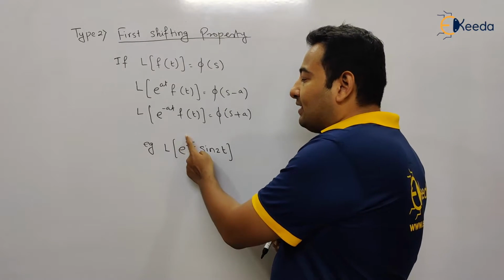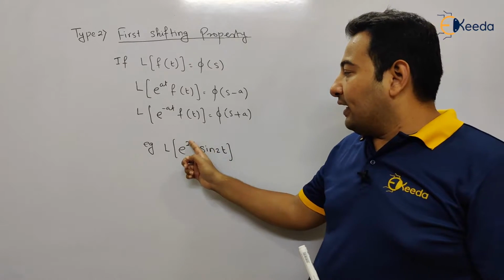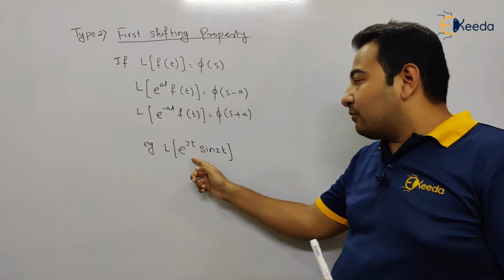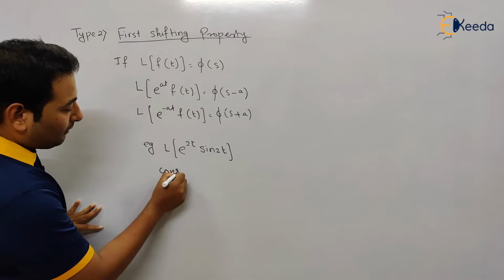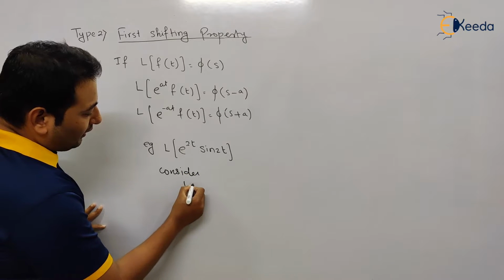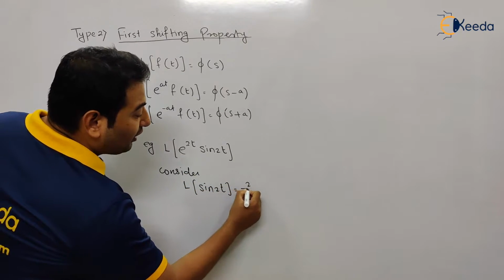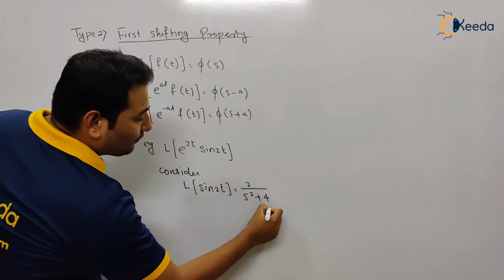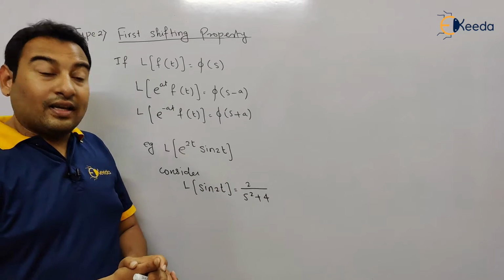It means exponential part with the function. So what is the technique? Forget about this exponential part. So what are you left with? We are left with the Laplace of sine 2t. So what is Laplace of sine 2t? 2 upon s square plus 4. This is a direct formula, right? We have already discussed this.